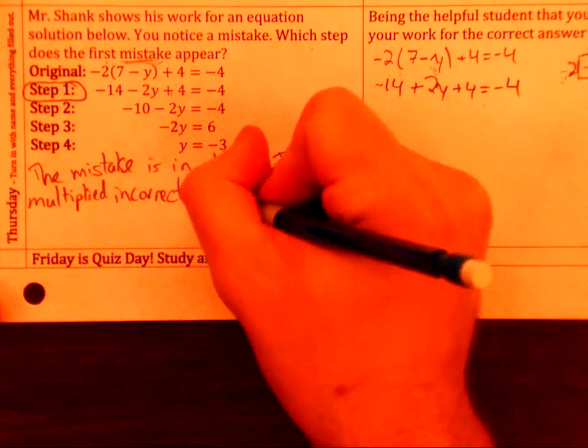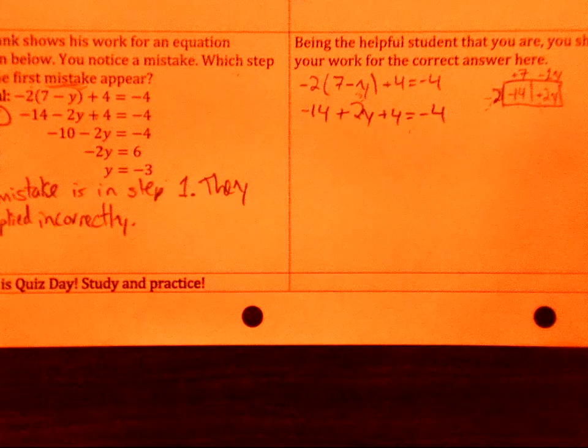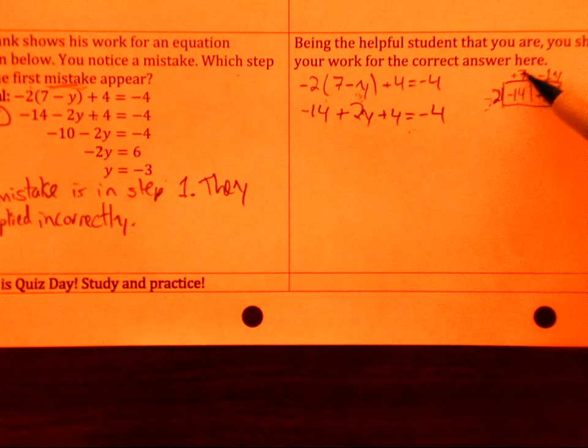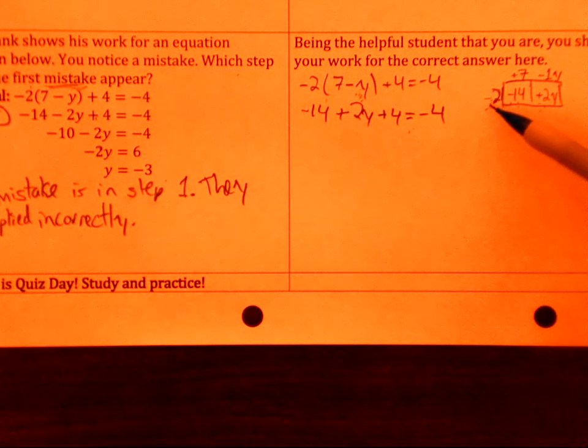Again, an easy way to remember is if it has different signs, meaning if it's a negative and a positive, your product or quotient is going to be negative. If you have same signs when you're multiplying or dividing, it's going to be a positive result.